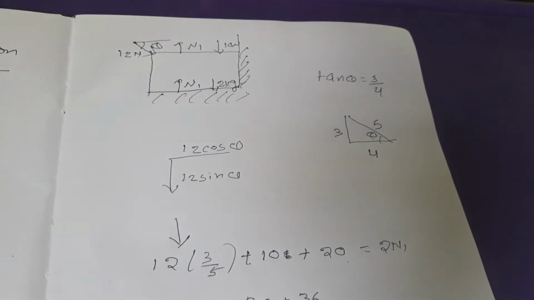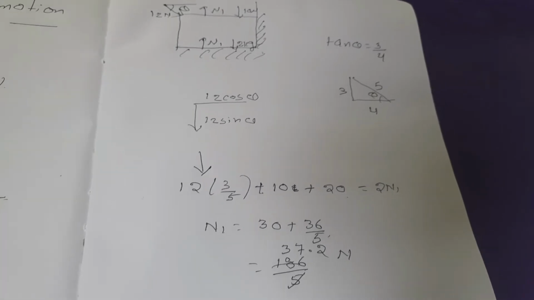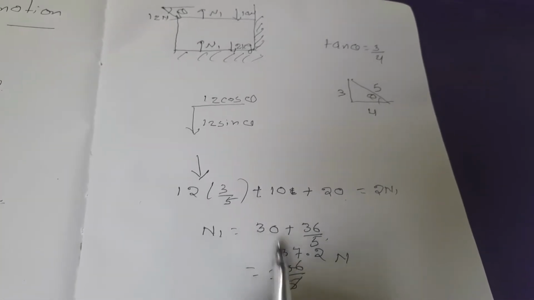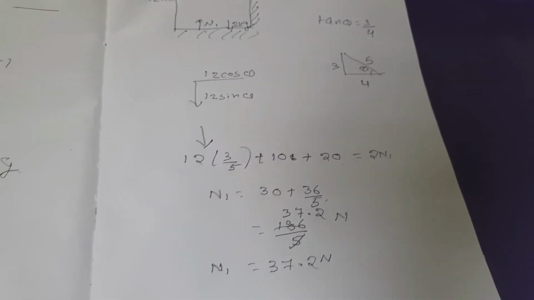It is in equilibrium, which means upward force equals downward force. After simplification, we get N1 equals 37.2 newtons. It looks very big, but it's very simple.